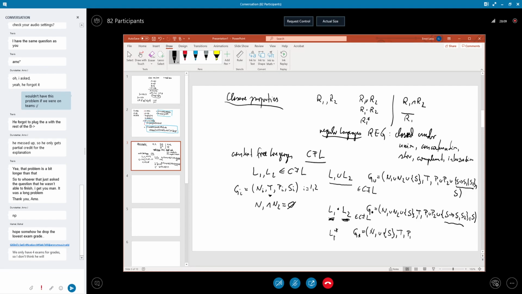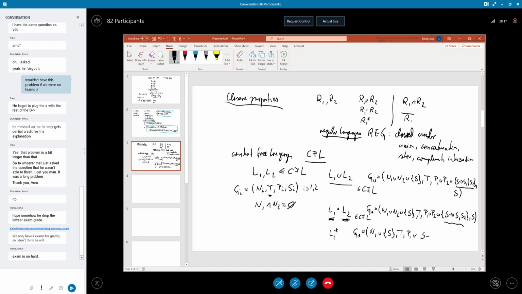For P1, we have all the productions that we had in the first grammar G1, union, and now we're going to generate the star, which is S goes to S1 S, or epsilon. And S then is the starting symbol.